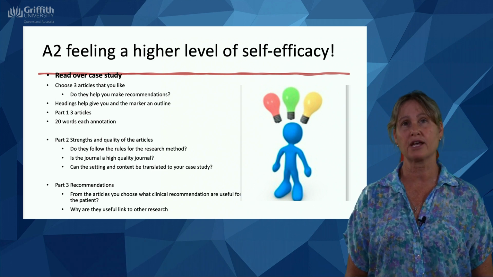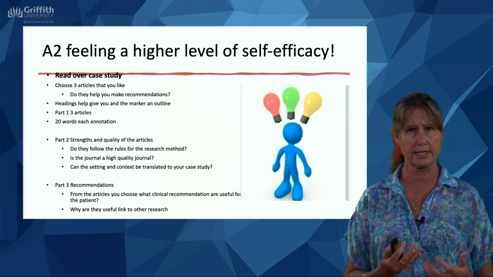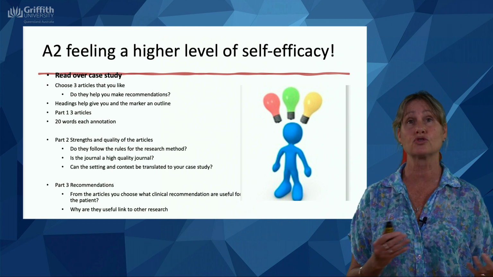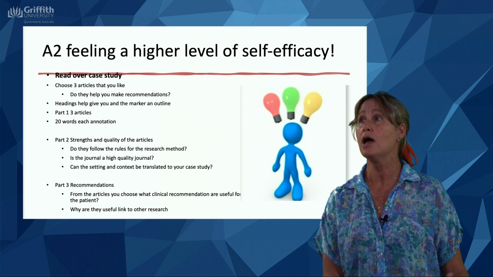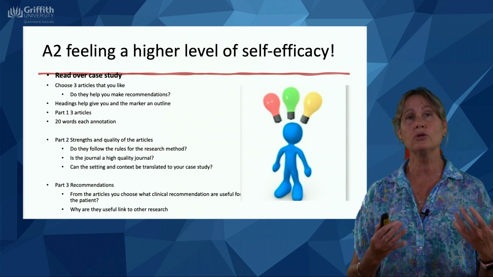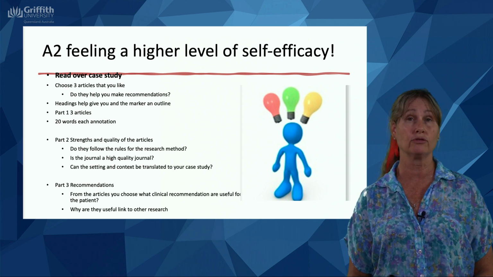The last part is recommendations. So if you've gone through this systematically, you've already got some idea of what you might like to bring forward as recommendations. You've chosen articles which support and give you that sort of information. But what we want you to do in this recommendations is pull the recommendations from those articles, but support it with other useful research.